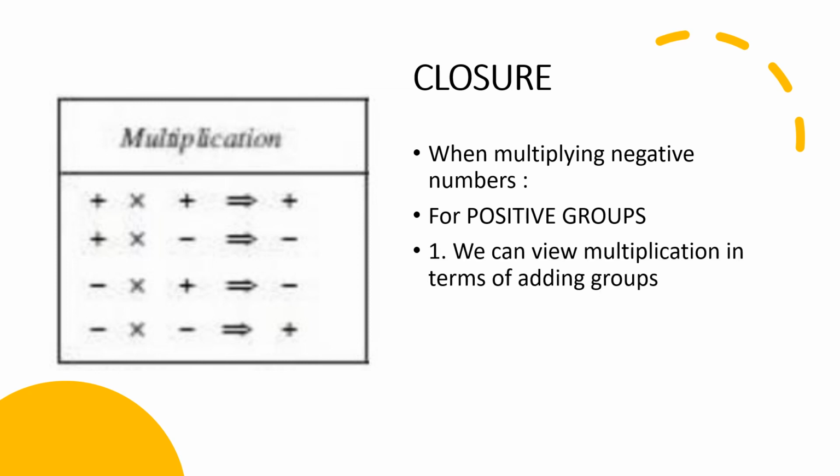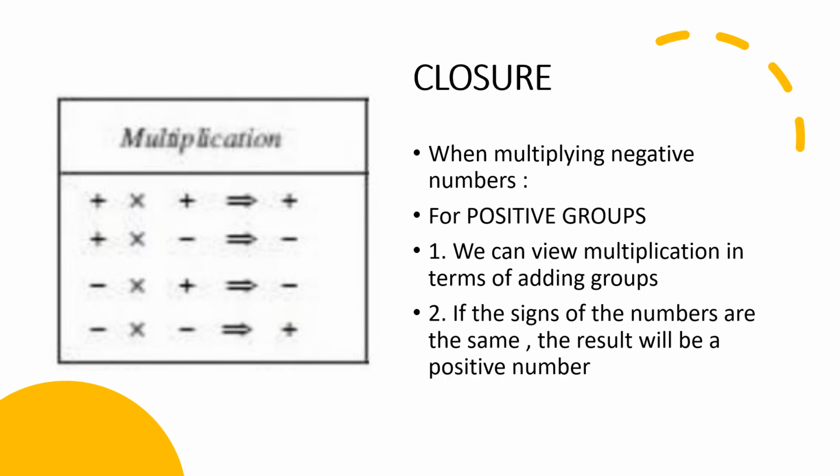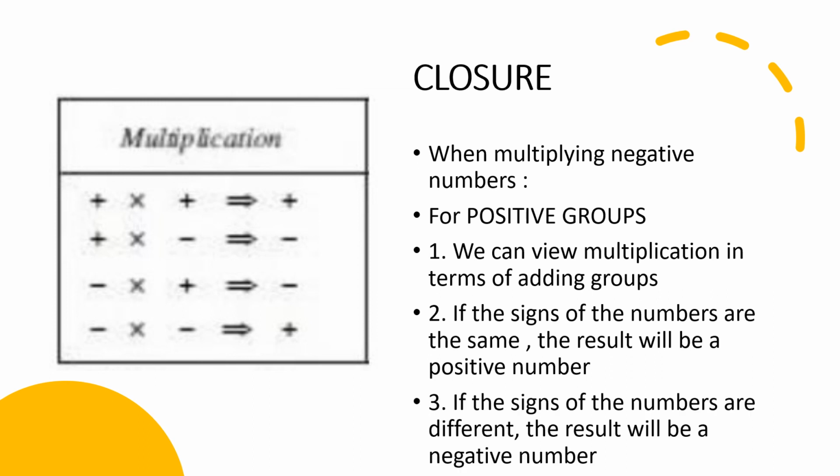One, we can view multiplication in terms of adding groups. So for positive groups, we are adding in groups. And if the signs of the number are the same, we're going to end up with a positive number. If the signs of the number are different, the result will be a negative number.